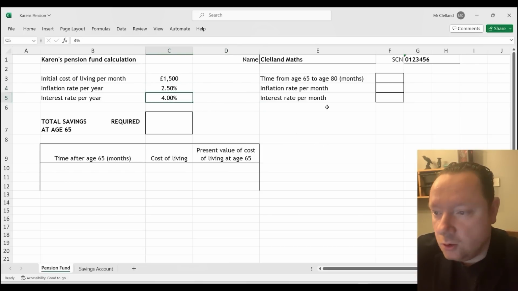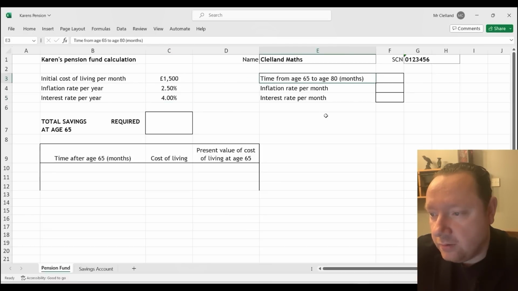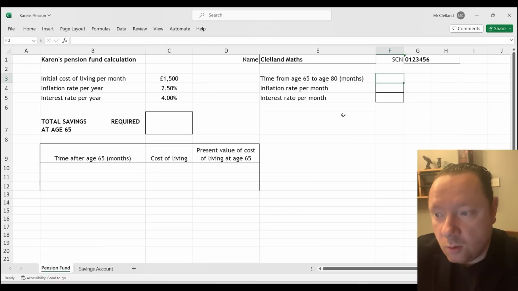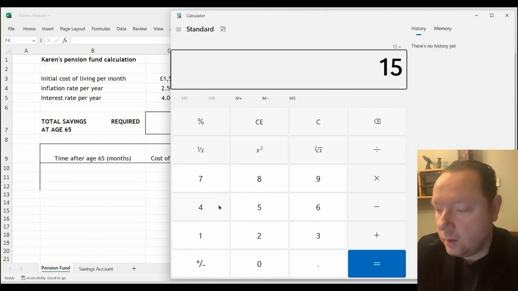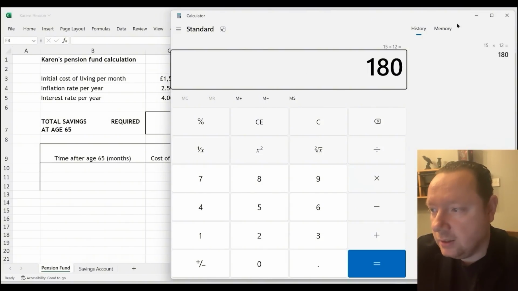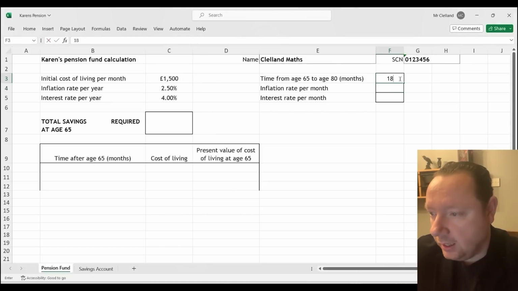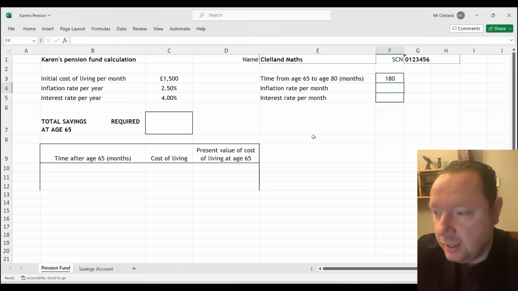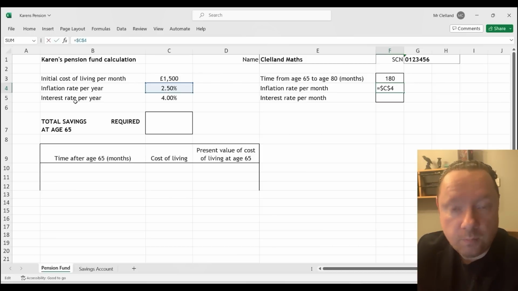So first thing we need to do is work out the time from age 65 to 80 in months. We could work that out ourselves or use a calculator. So 15 years times 12 is 180. So we can type in 180 because that's how many months. Now the inflation rate per month, well, that is equal to the inflation rate per year, $C$4, and it's 1 plus that number because we need to do 1.0.